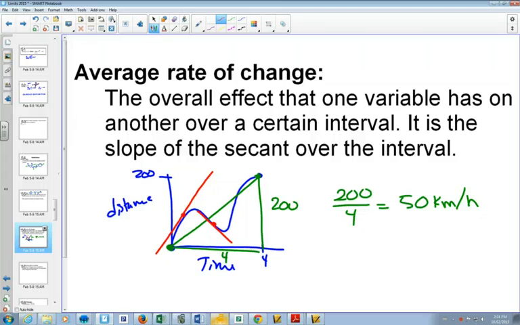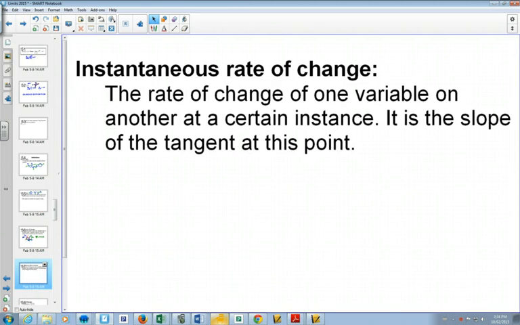That would mean I'm heading back home, because my speed would be a negative speed, which just means my direction has changed. And any point on here, I was going really fast right here. My goodness, that looks almost dangerous. Any point, if you could draw the tangent line, then you would have the instantaneous rate of change there.